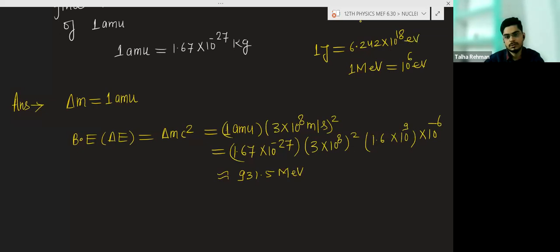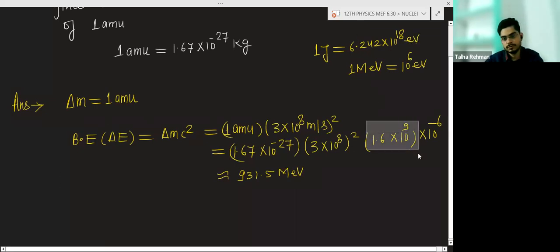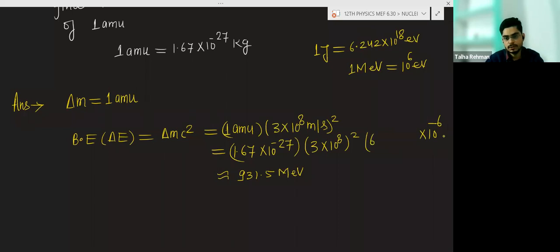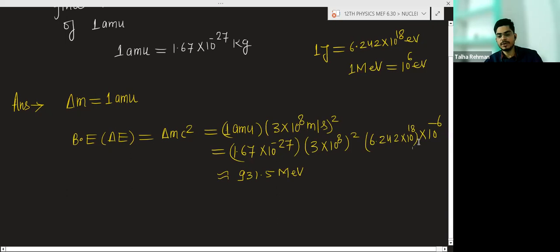Okay, this was skipped from my mind. So this will be 6.242 into 10 to the power 18 electron volt. And to convert that electron volt into mega electron volt, you will multiply it with 10 to the power minus 6, and this value will be 931.5.